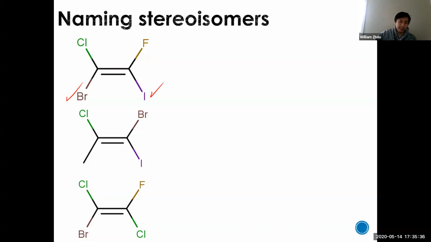That would be Z. Okay, and there are 2 carbons here. Which one is carbon 1? The one on the right. Why?